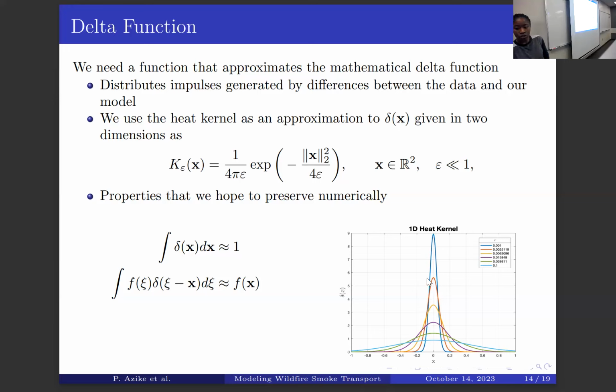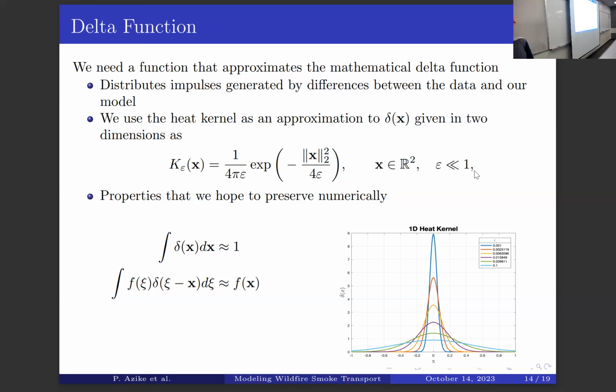And the delta function really is infinite at 0 and 0 every other place. So for the equation that we use to represent it, we use the heat kernel. And epsilon helps us define how sharp the Gaussian is.